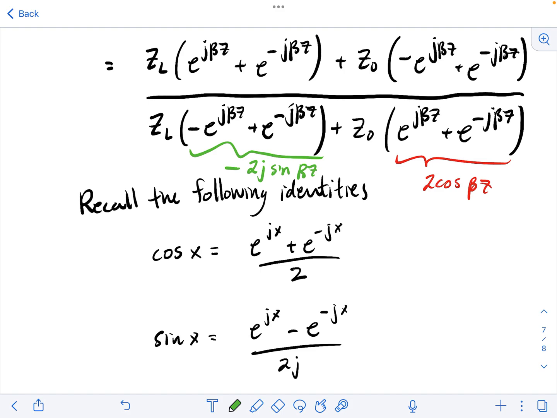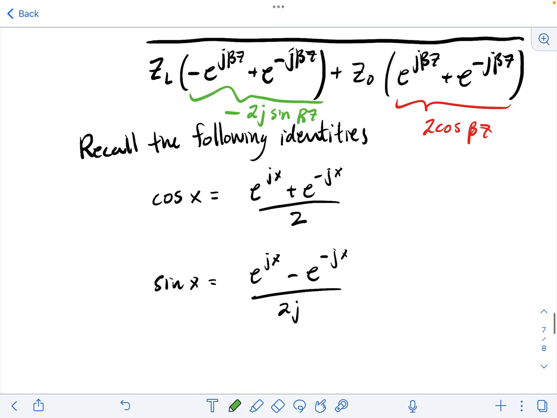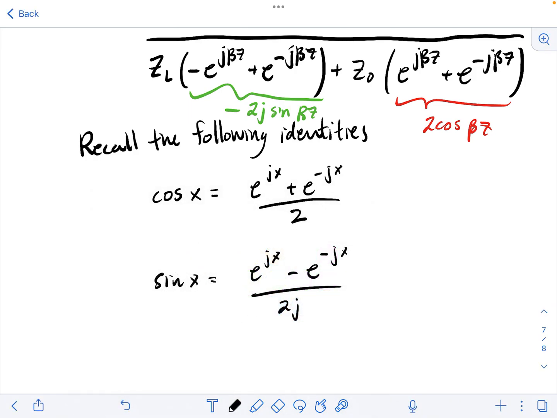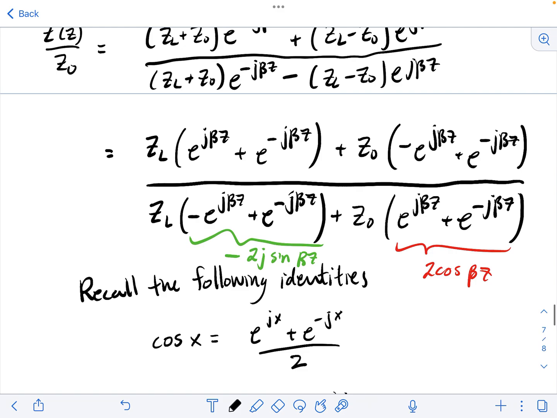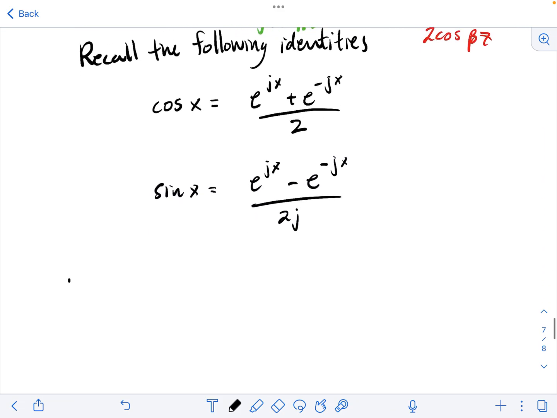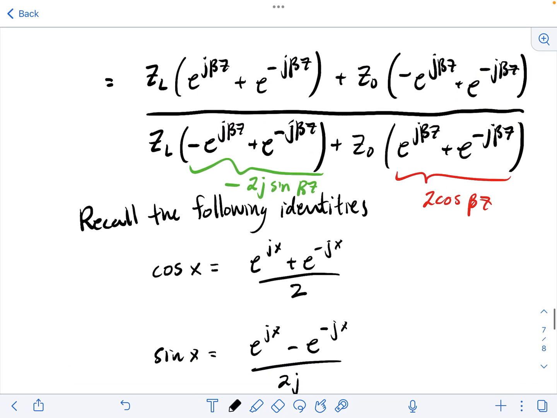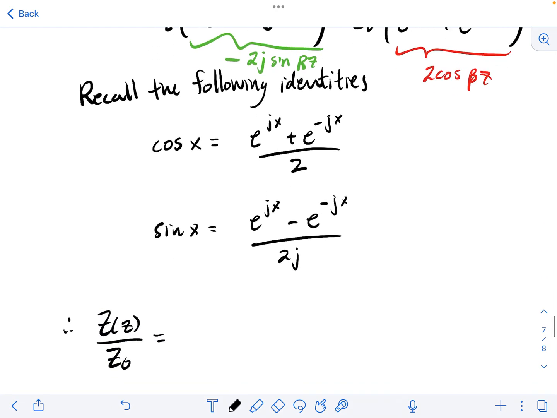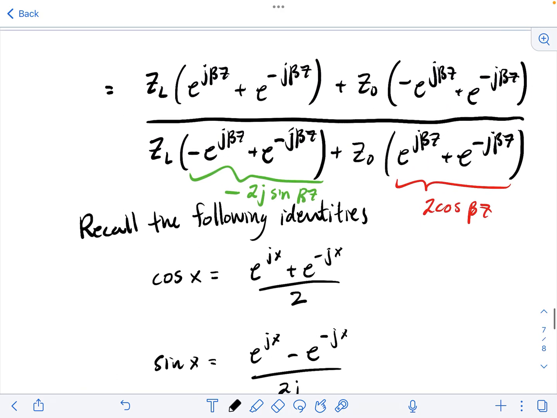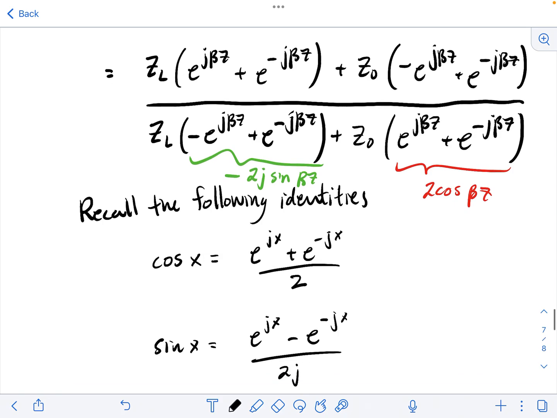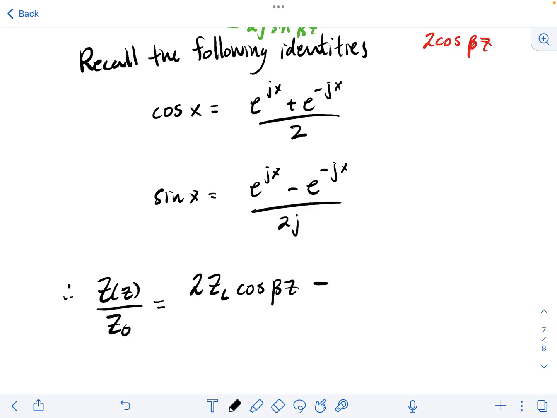Okay, so let's re-express this impedance that we're calculating in terms of these trig functions. In the numerator, we're going to have ZL times 2 cos beta z, so 2ZL cos beta z, and then minus 2jZ0 sine beta z.